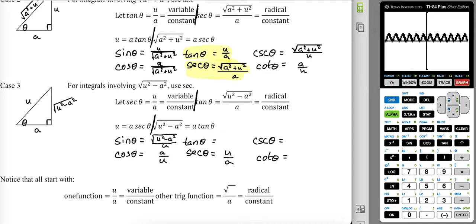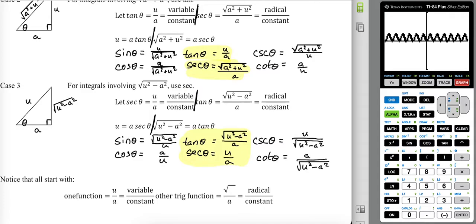Tangent is opposite over adjacent, the square root of u squared minus a squared over a. So we got what we need with these. And just to finish it up, cosecant is u over the square root of u squared minus a squared, and cotangent is a over the square root of u squared minus a squared.